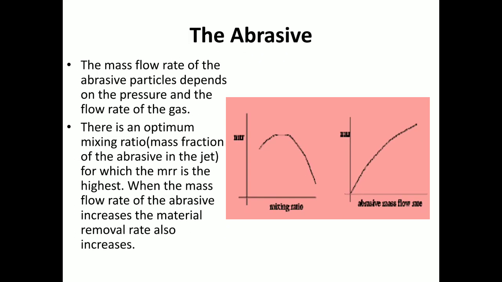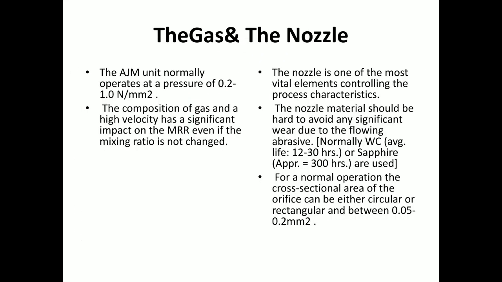Now coming to the next slide, the gas and the nozzle. The AJM, abrasive jet machining unit, normally operates at a pressure of 0.2 to 0.21 Newton per millimeter square. The composition of gas and high velocity have a significant impact on MRR, material removal rate.